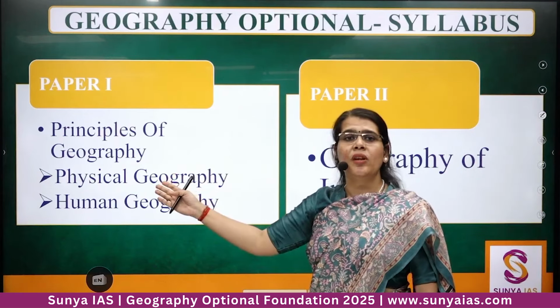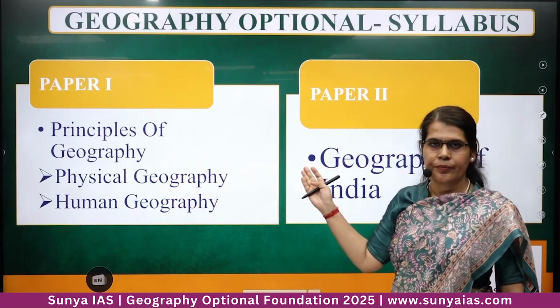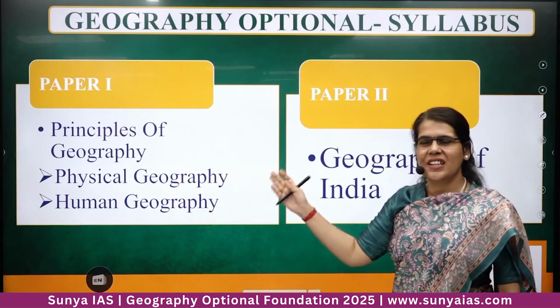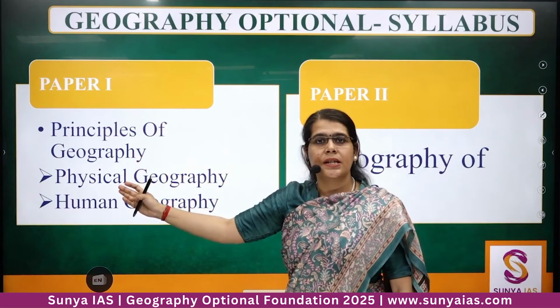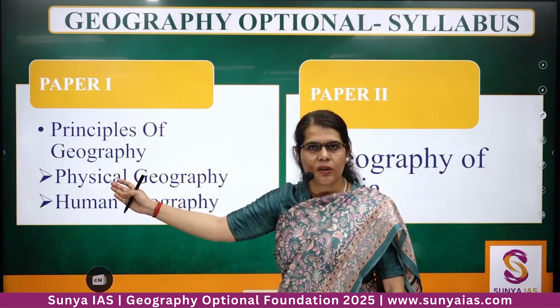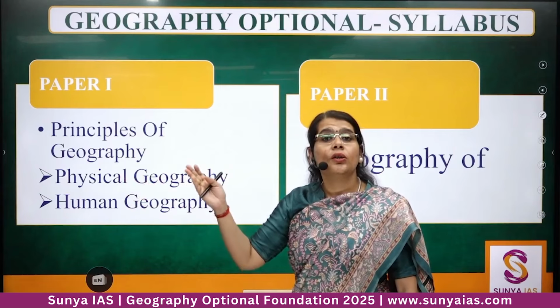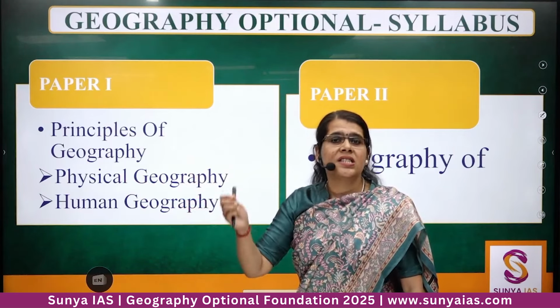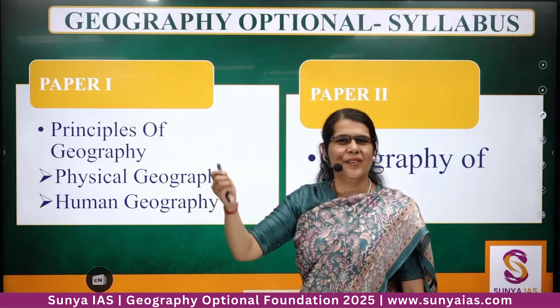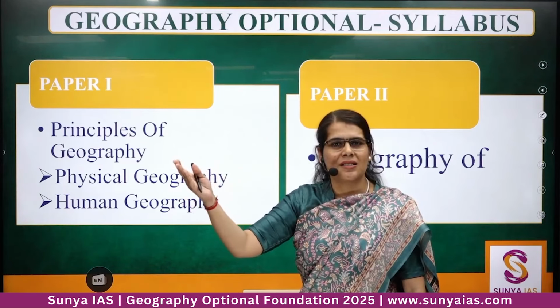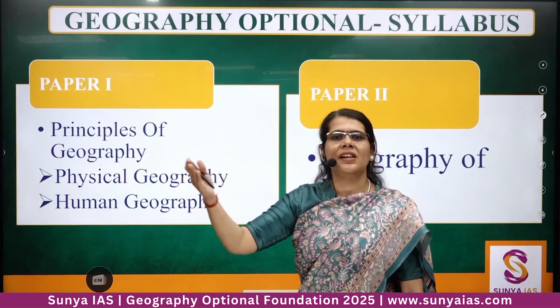So 250 marks for each paper. Please keep in mind this broad understanding: paper 1 is divided into both physical geography as well as human geography. It is not about studying a few units and leaving the other units where you can score very high marks. We will come to that point a bit later.